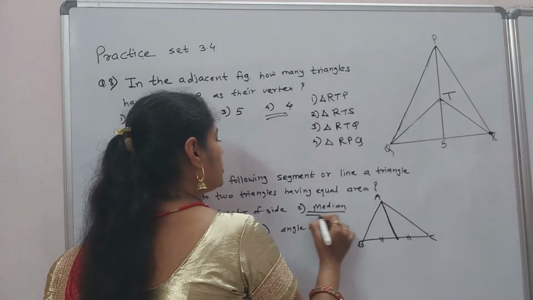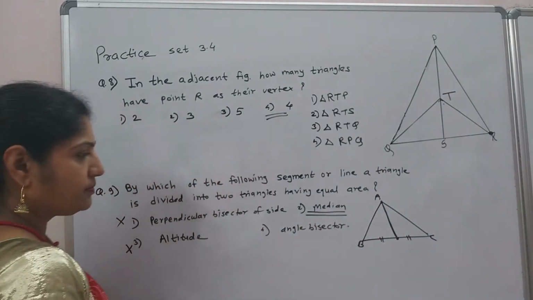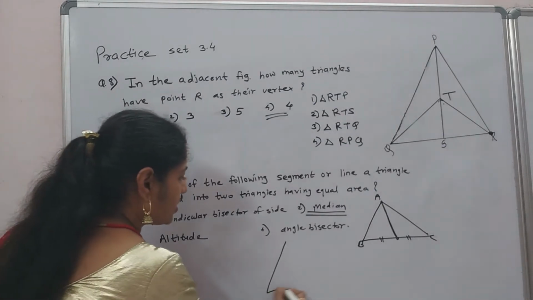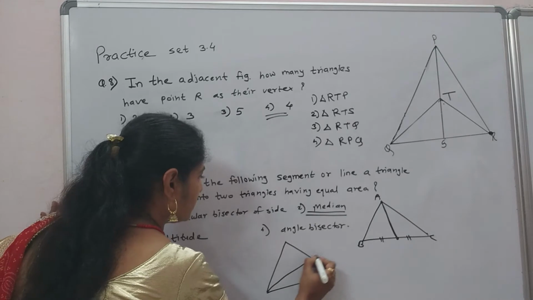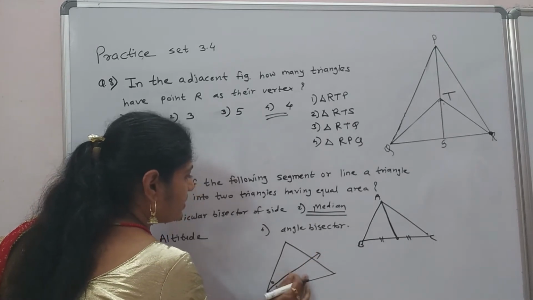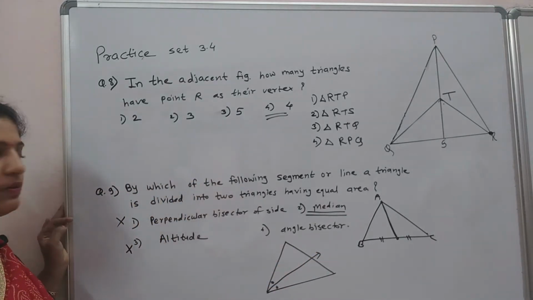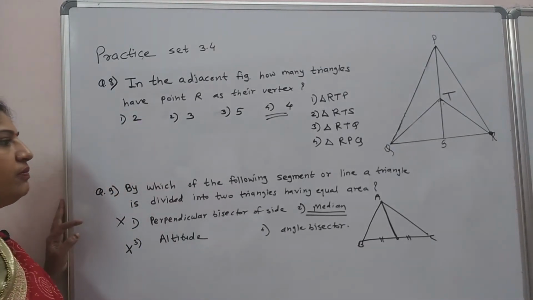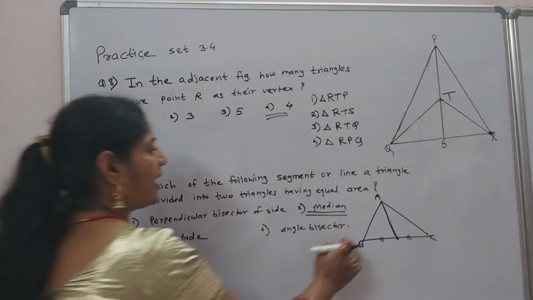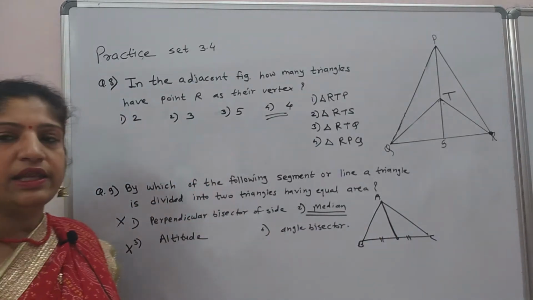So our option number 2 is right. Not an angle bisector either. Suppose I draw the triangle and take the angle bisector. These two areas are not equal. So our answer is median, the segment or line which divides the triangle into two equal areas.